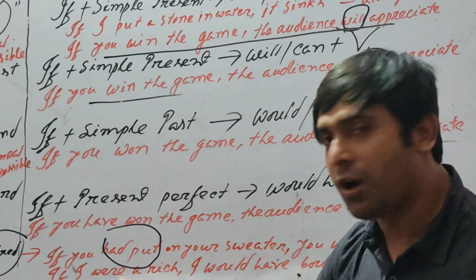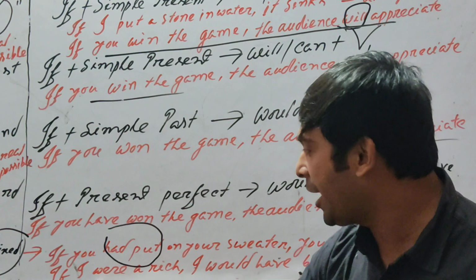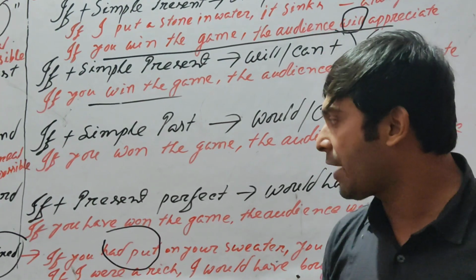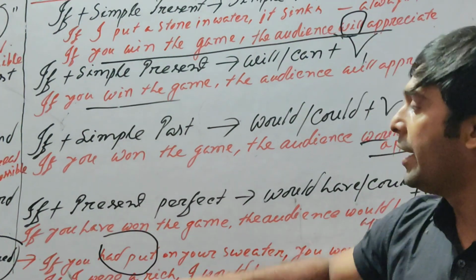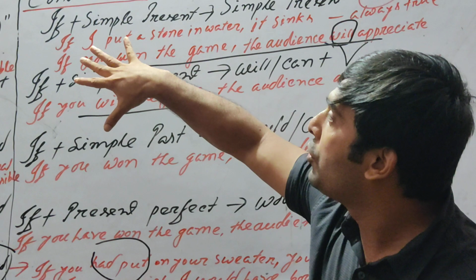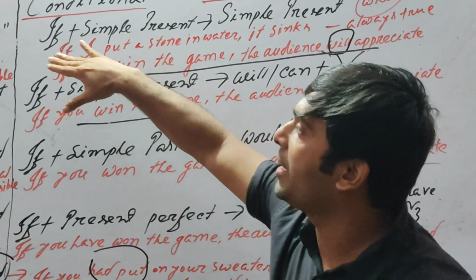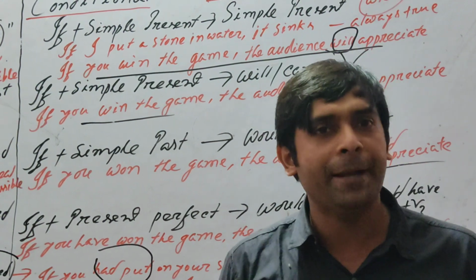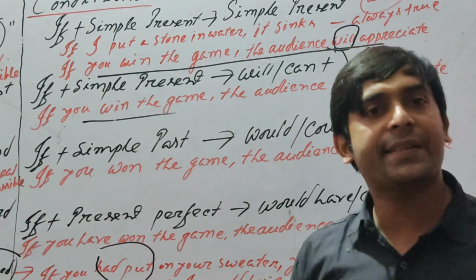But that's not was, that is called I were. If I were rich, I would have bought a blazer. That is also right. That's called mixed conditional, because these two examples don't go with other examples. Other means zero conditional, first conditional, second conditional, third conditional. So by the way, that's why this is called mixed conditional.